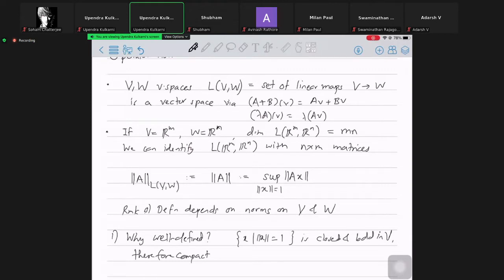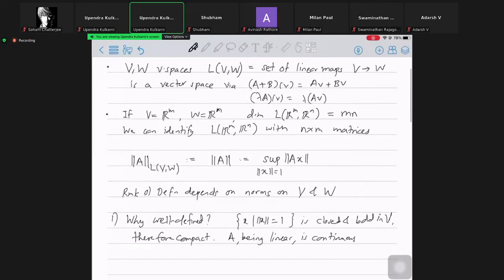Now what? Therefore compact in V, A being linear, is continuous. So let's call this set, I don't know what, S. Therefore, A of S is also compact.